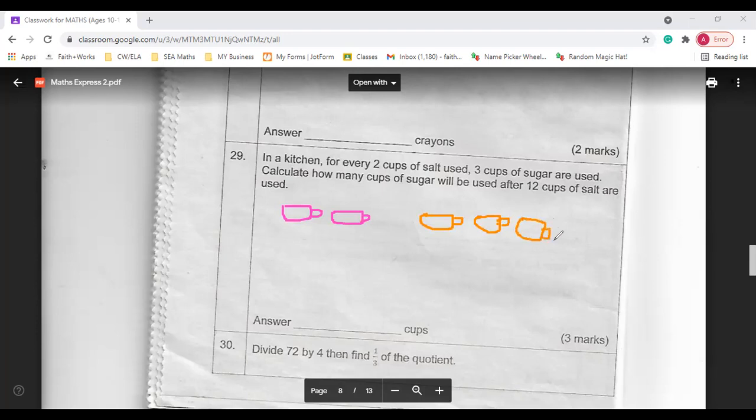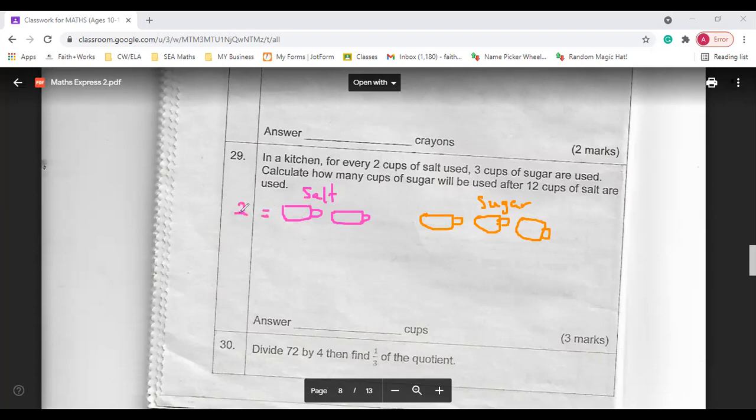All right, 3 cups of sugar used. Calculate how many cups of sugar, so this one is sugar, will be used after 12 cups of salt are used. All right, this is salt. So this is 2 cups here.